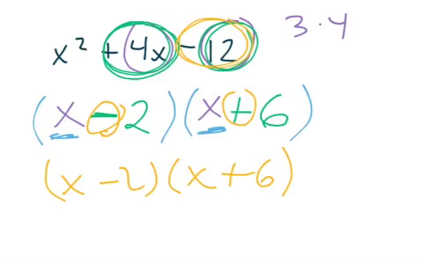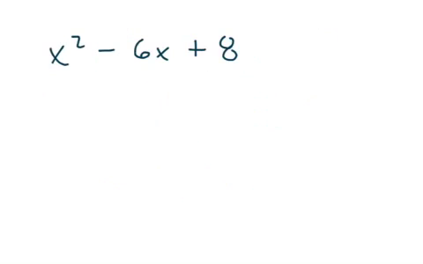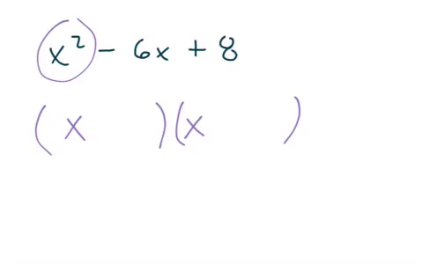And now let's try a couple more a little bit faster. How about this one here? Pause the video, guys, and try it first. Okay, I know x times x is x squared, right? And I know 2 times 4 is 8.